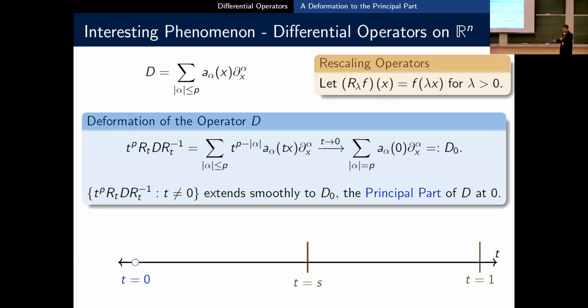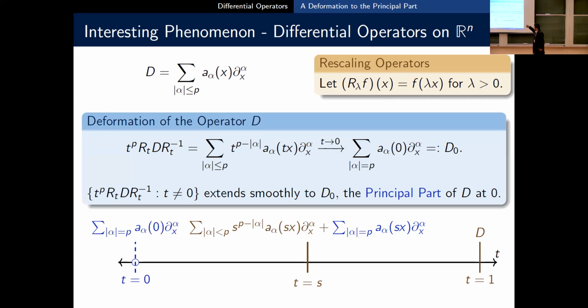So the picture of that is, if I start with the operator D at an intermediate value between 0 and 1, I have two kinds of parts, the lower order parts and the highest order part. The blue is the highest order part. Now if I take t to 0, only the highest order part survives, everything else is killed away. So there's a deformation of my operator D to the principal part. This is the phenomenon I want to capture, or that van Erp and Yuncken have captured in their theory.